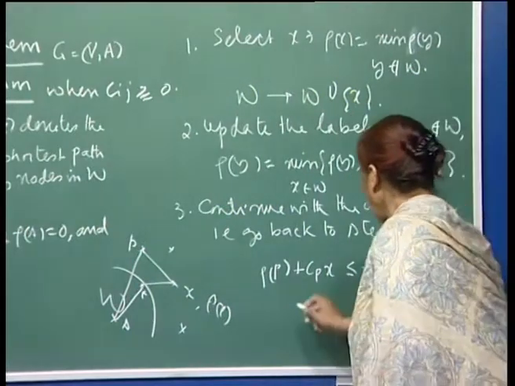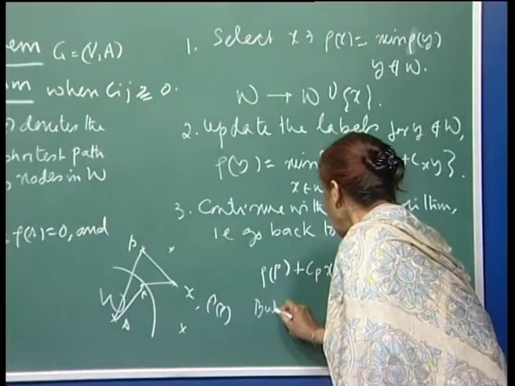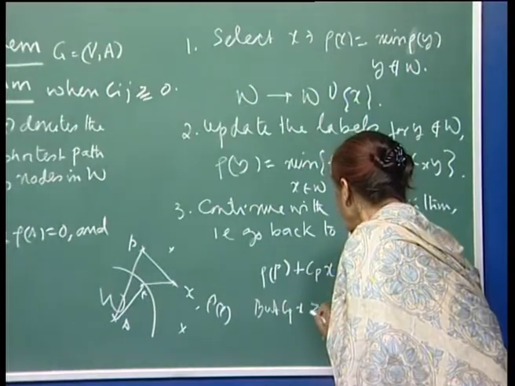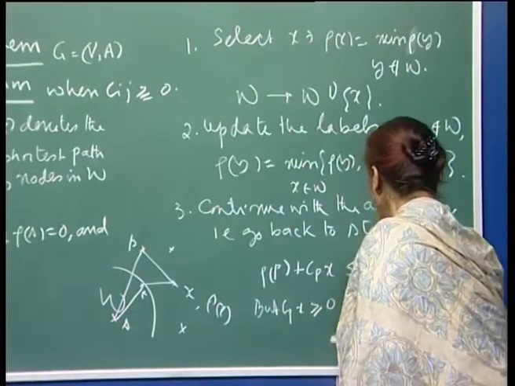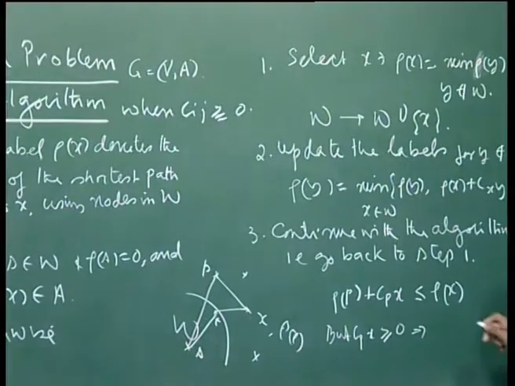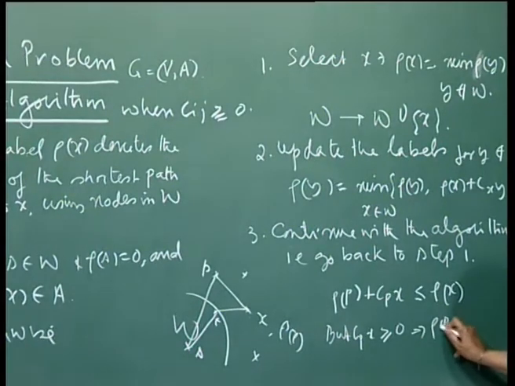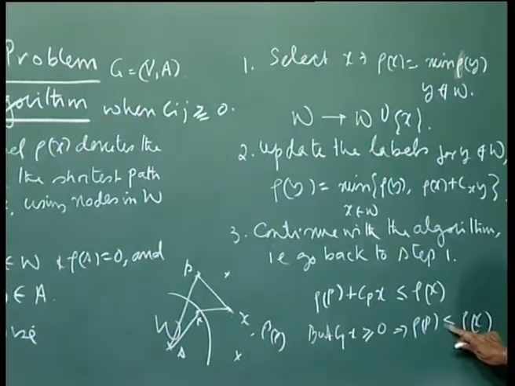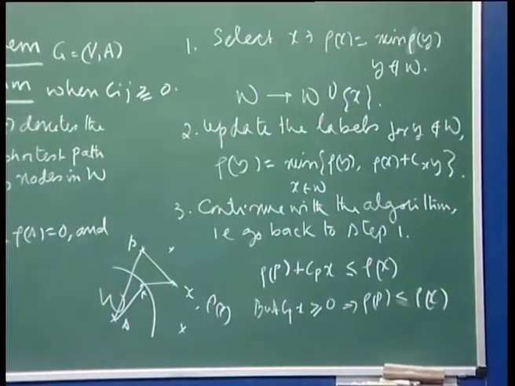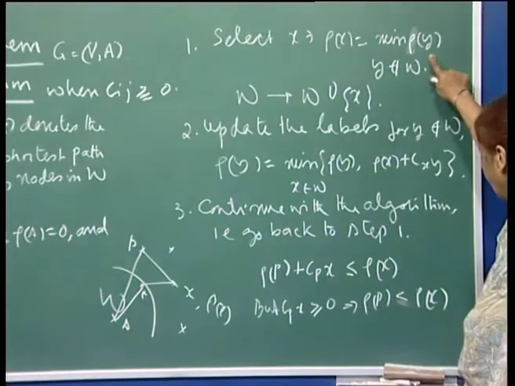But CPX is greater than or equal to 0, which implies that rho P must be less than or equal to rho X, or in fact less than rho X, which is a contradiction of the fact that rho X was the minimum one.